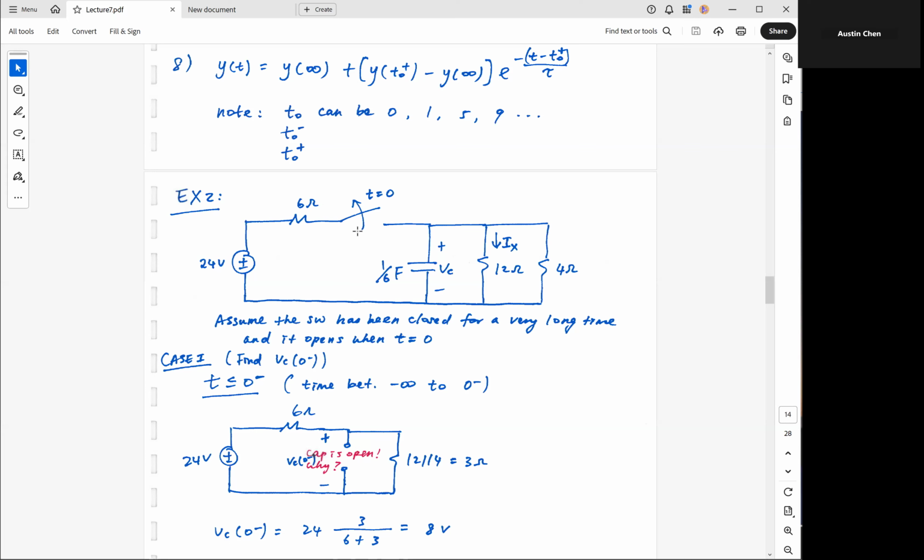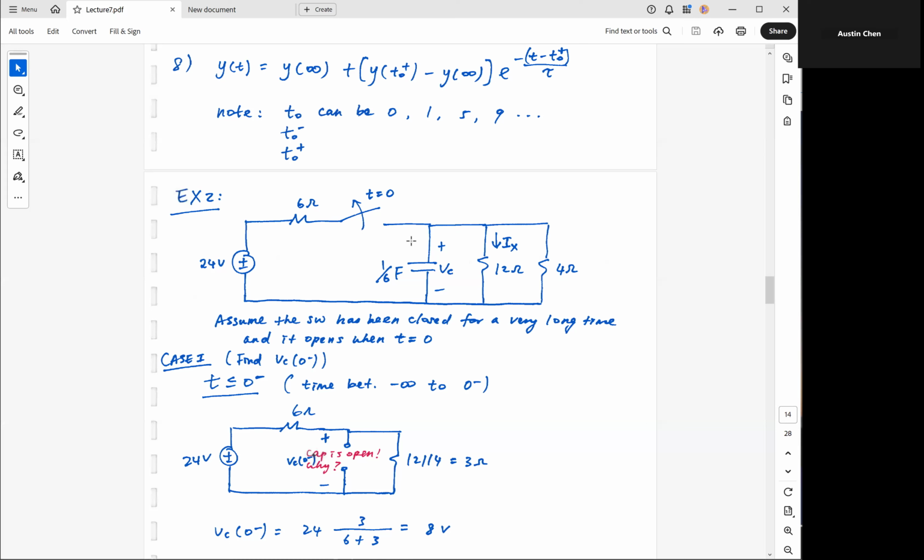Okay, so that's based on the interpretation that we talked about. And we have to understand the circuit diagram before and after the switching event so that we can determine the VC at 0 minus and VC at 0 plus.